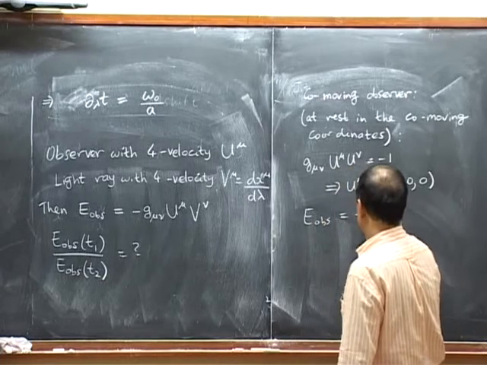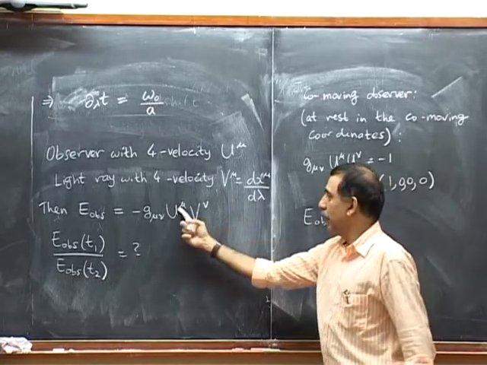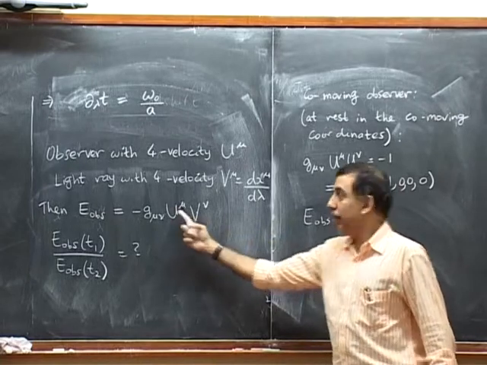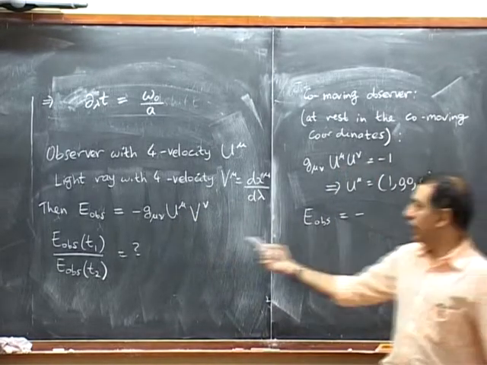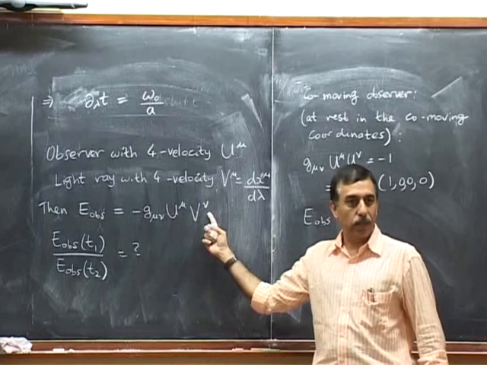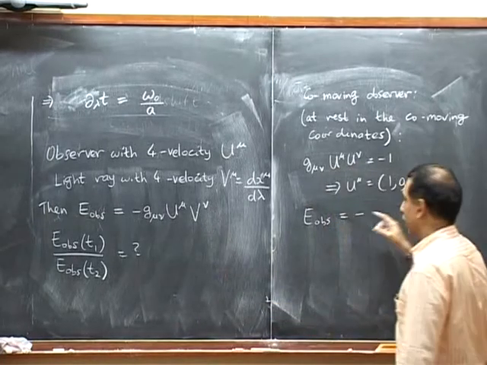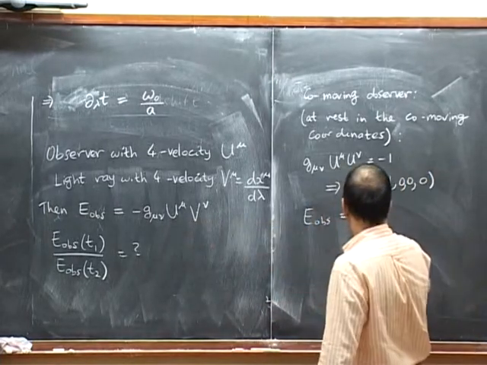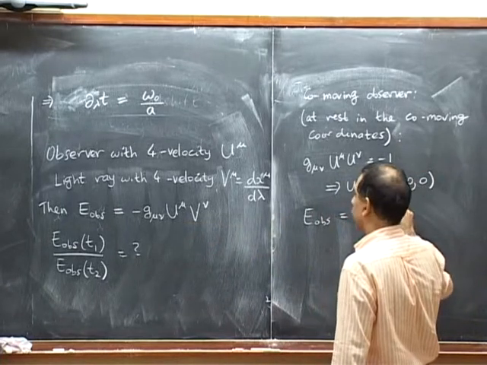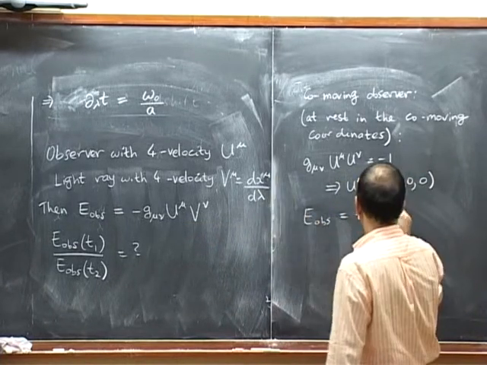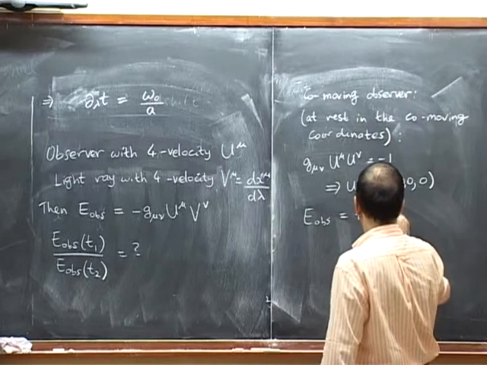This is minus, so minus, the only component here, mu is 0 because of this, but G is diagonal, so only this also is 0. Okay, and G00 is minus 1, so it's plus dx^0 by d lambda, in other words d lambda t.